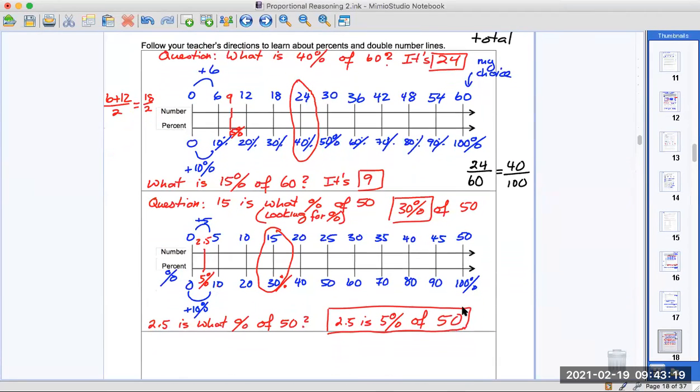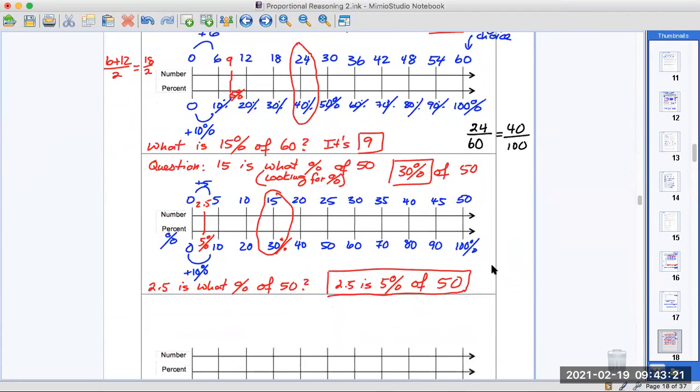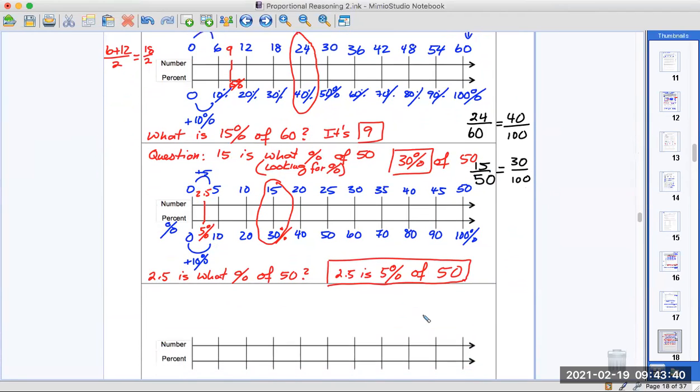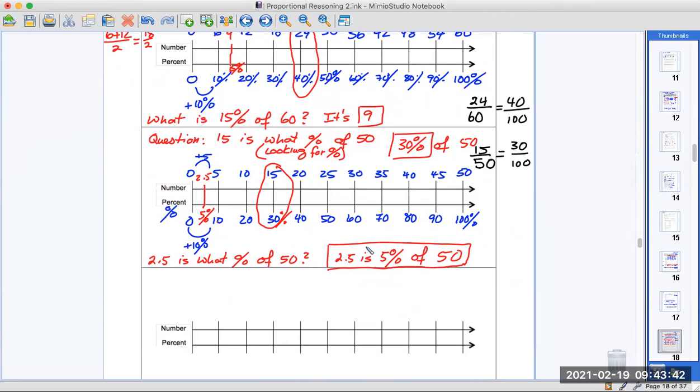Okay, let's try the next one. So our equation, I'm just using this one here, the top. I know this is always 100. So the percent is 30 and the part is 15 and the total is 50. Okay, let's try this one.